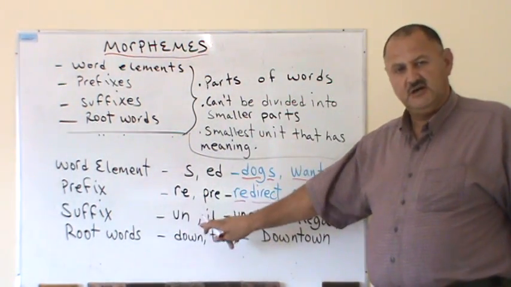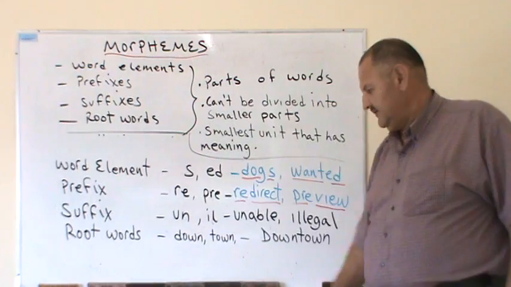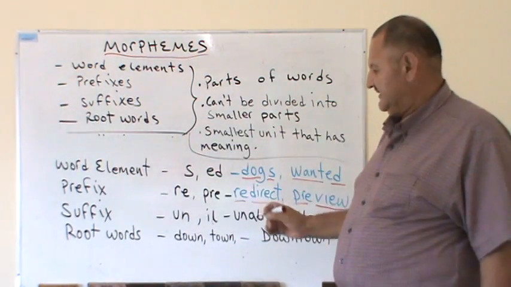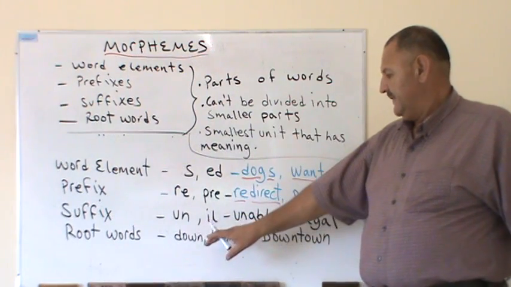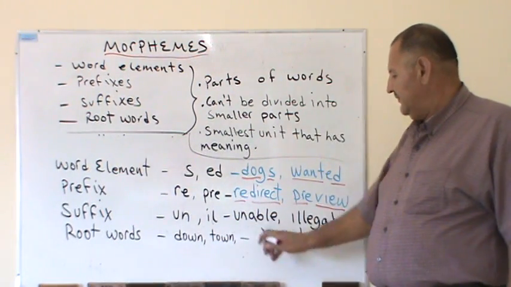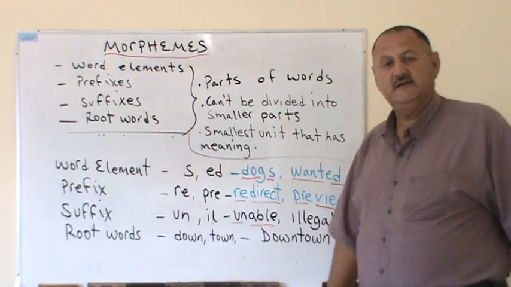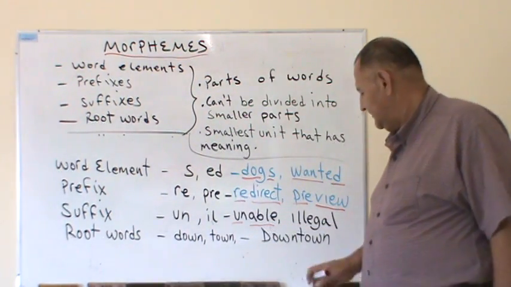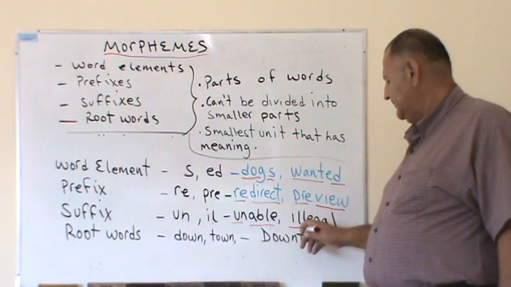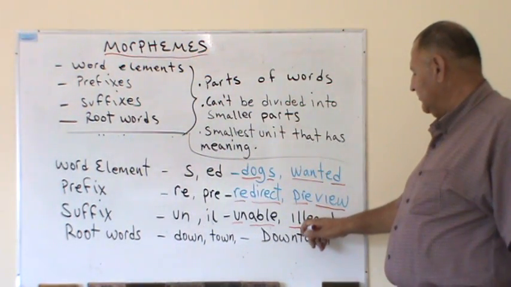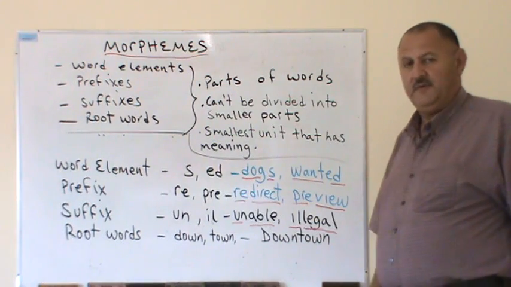The suffixes. Here's just some examples: UN and ILL. There are many prefixes, there are many suffixes. Okay? Un, like in unable. Un is one part, able is another part. Ill is one part, legal is another part.